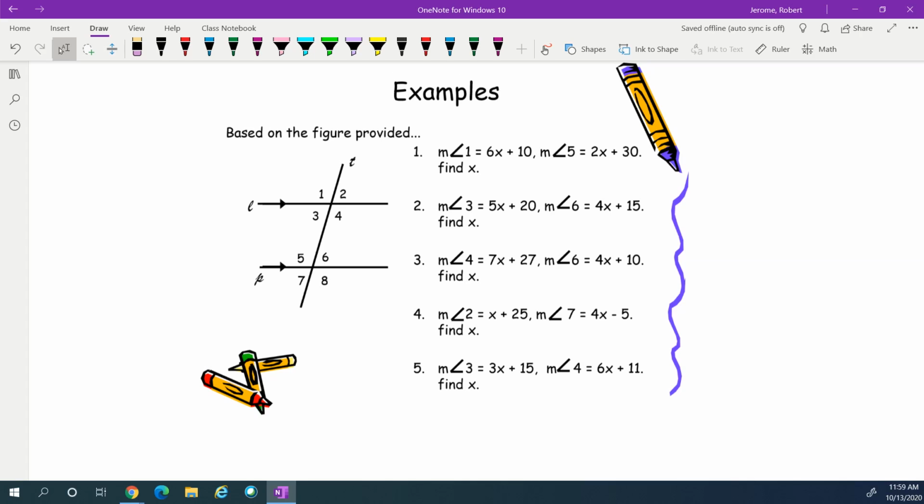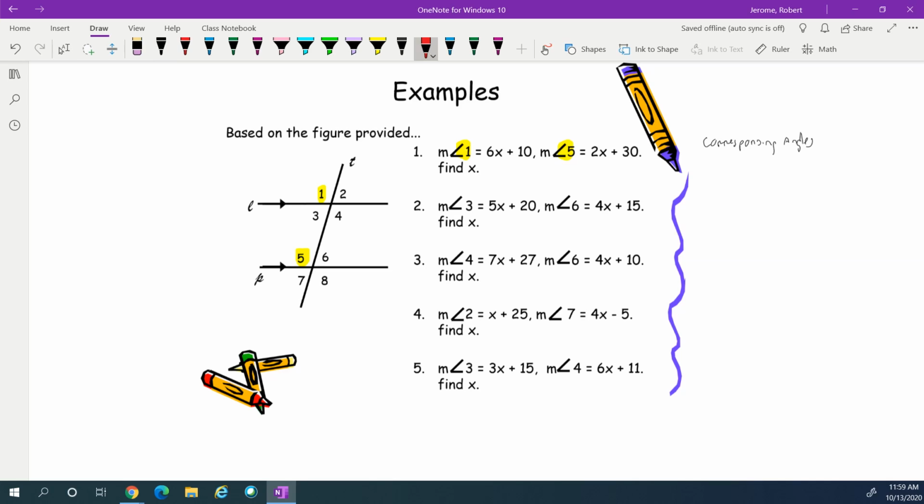So let's see what we have here. Angle 1 and angle 5. Remember, geometry cares about the parts. These are corresponding angles. If the lines are parallel, then corresponding angles are congruent.